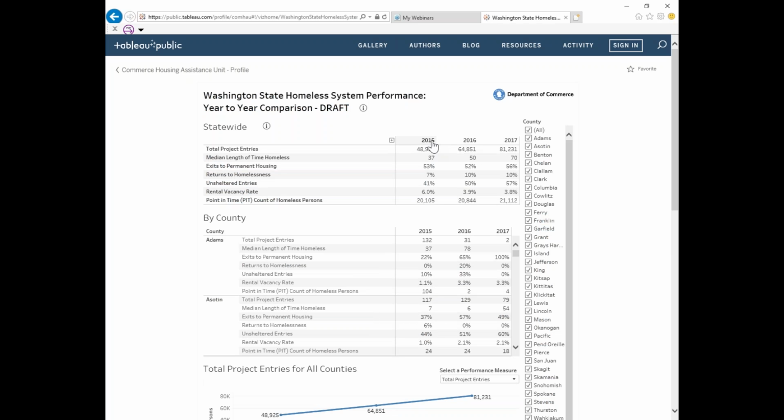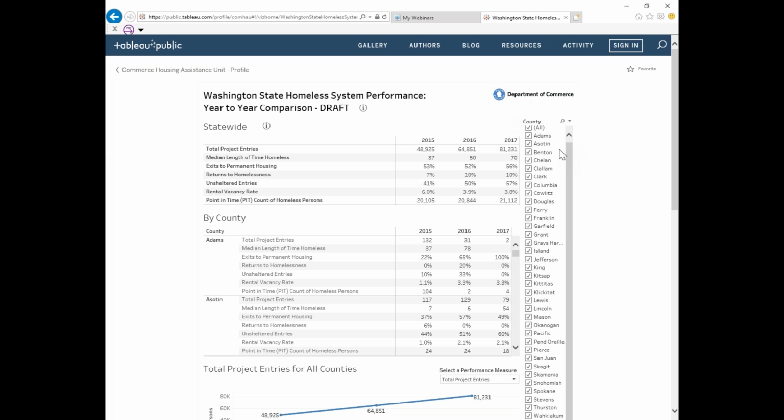So for federal fiscal year 15, 16, and 17, we have the performance measures we've been reporting on, and here also we have the rental vacancy rate and the point in time count results. And again, the reporting period information is here in the tooltip, the little I.